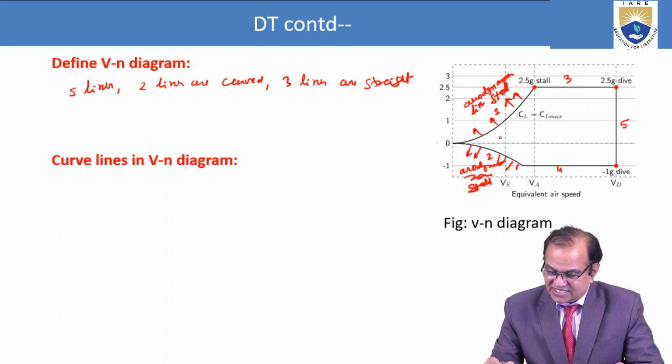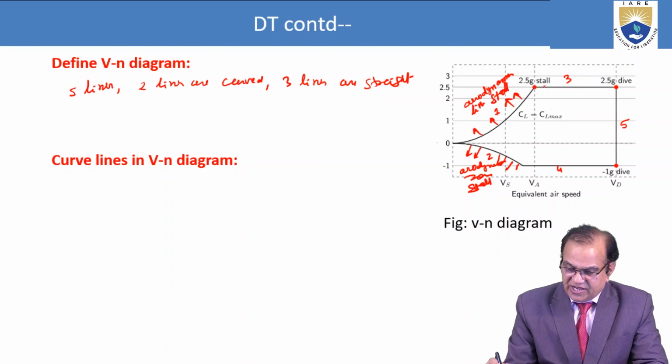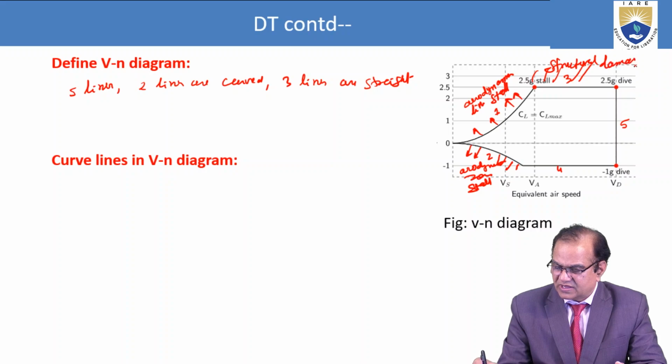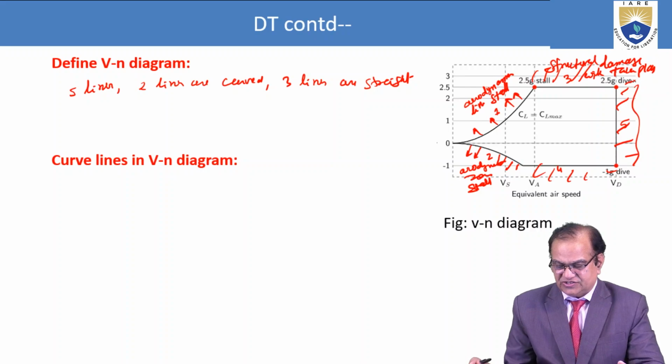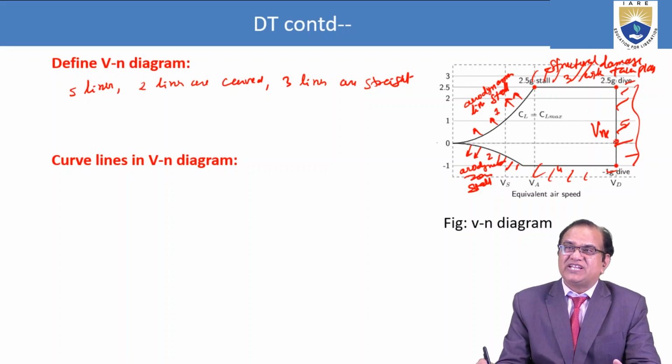If you are below this, an aerodynamic problem will exist, and if you are above 3 here, there is structural damage, here also and here also. These are all structural damage. This is the speed called VNE, maximum speed, never exceed speed.